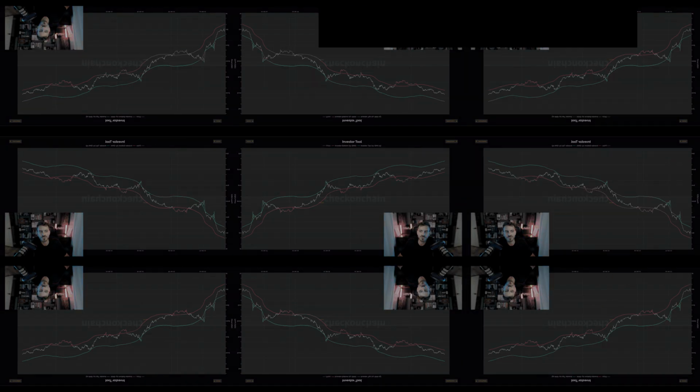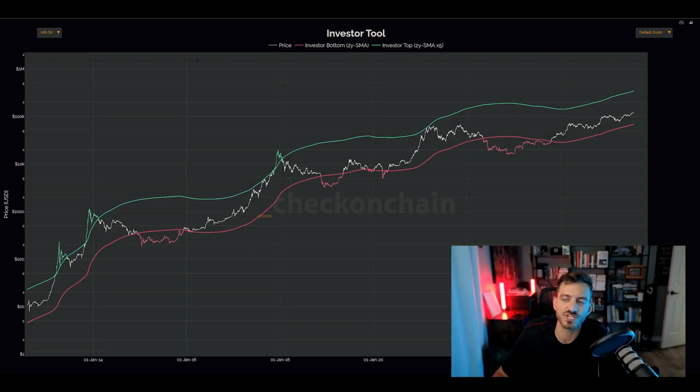We'll move on to the investor tool, which is another very simple favorite of mine. This is definitely geared towards folks just starting out that want to understand where we are in the cycle. This one is the 2-year simple moving average, and the 2-year simple moving average multiplied by 5. It gives you these two beautiful lines, one red for when you're oversold and one green for when you're overbought.